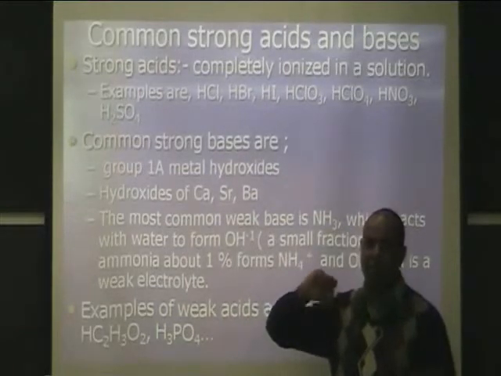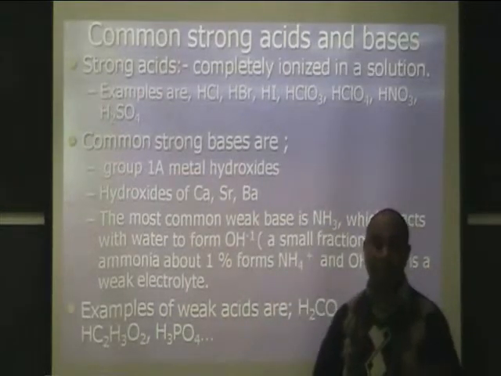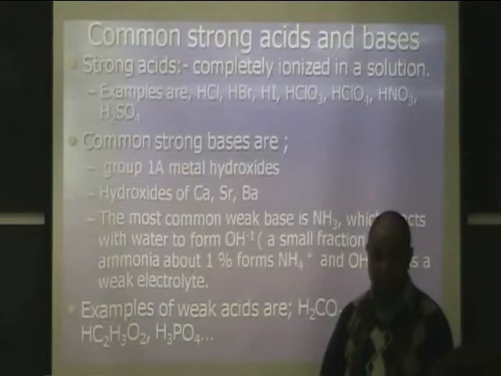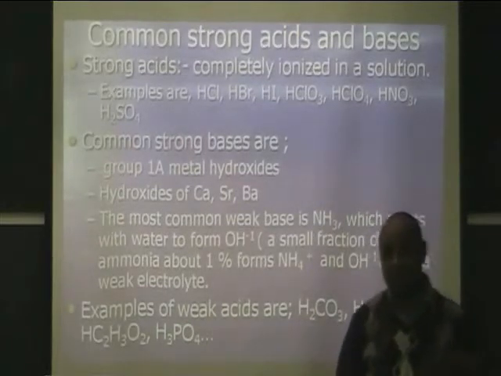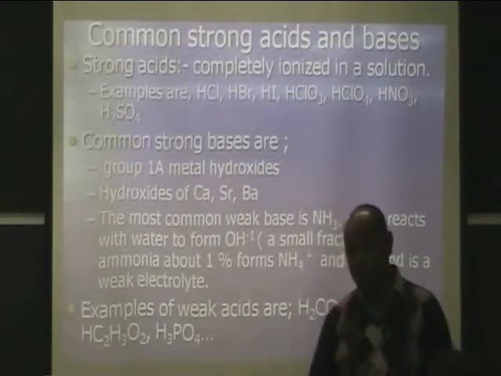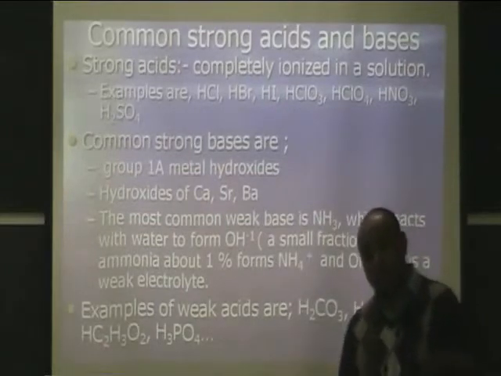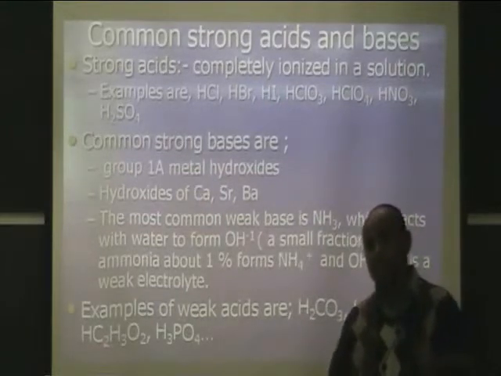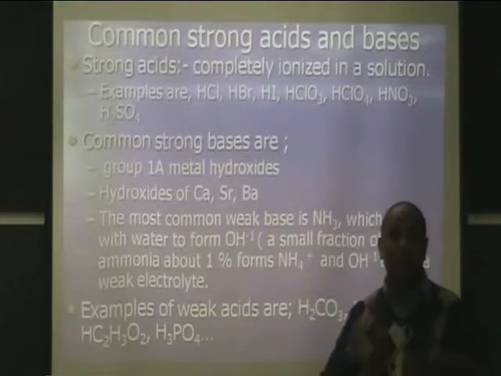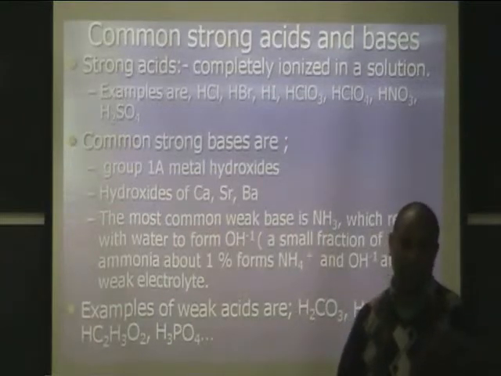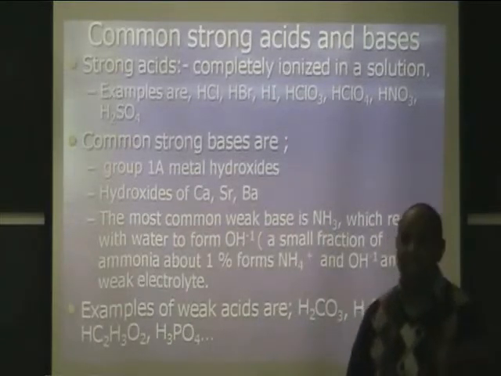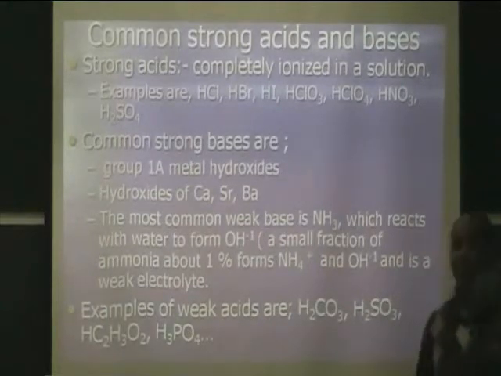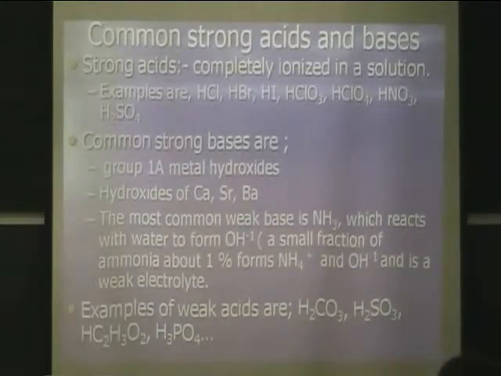How do you define calcium hydroxide? It's a base. You agree with me? Calcium hydroxide is an ionic compound, it's soluble in water, and it's also a base. It's also a strong electrolyte. It's also a strong base.